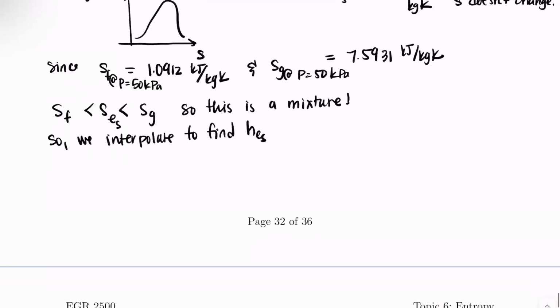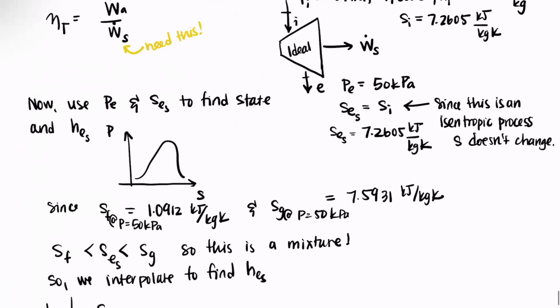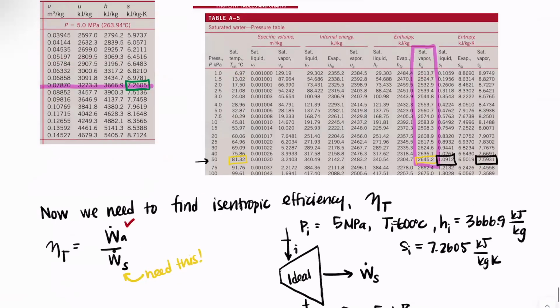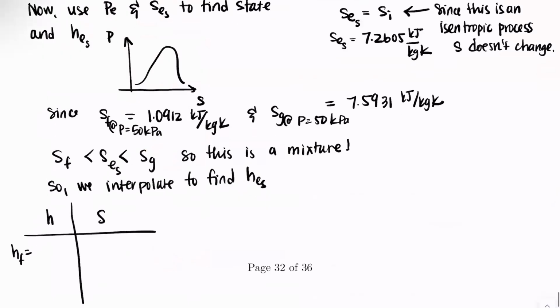So I'm going to make a little table with H and S. We have HF equal to 340.54, and SF, which we already wrote down, is 1.0912.